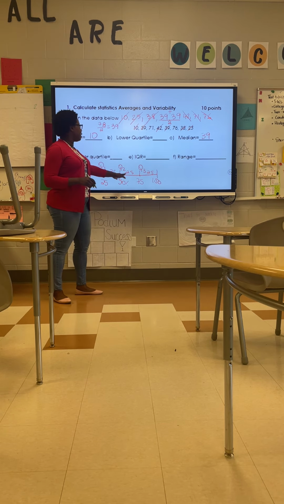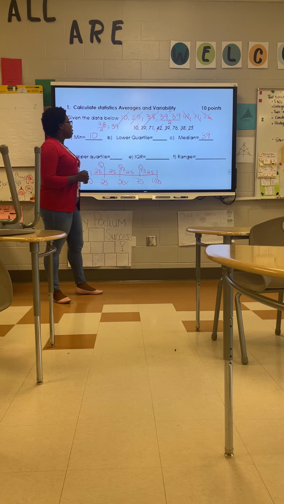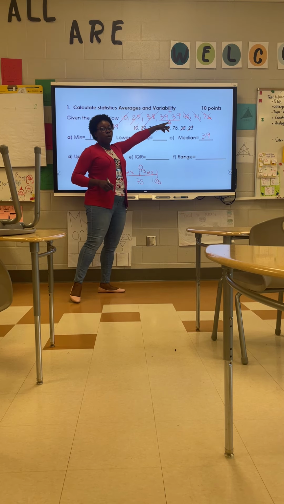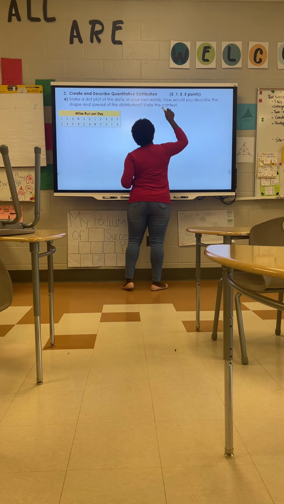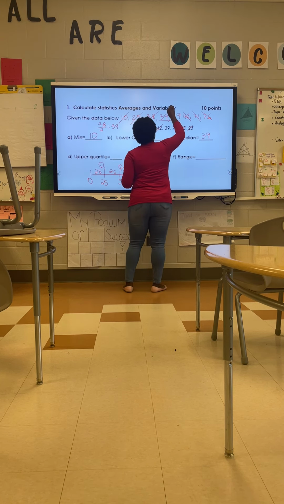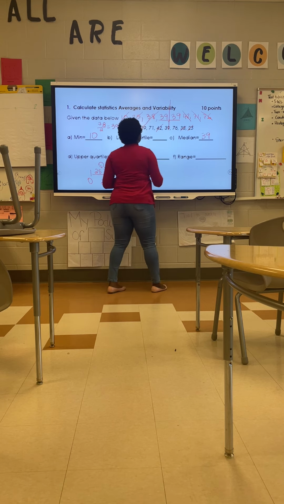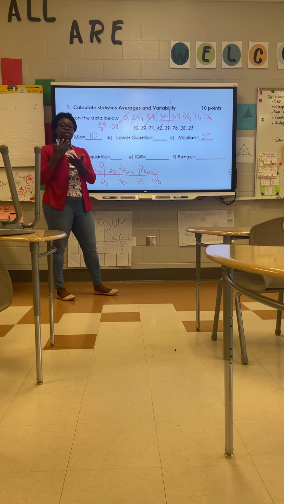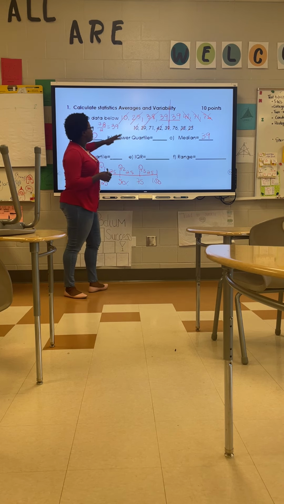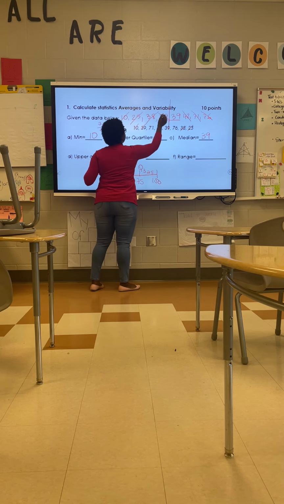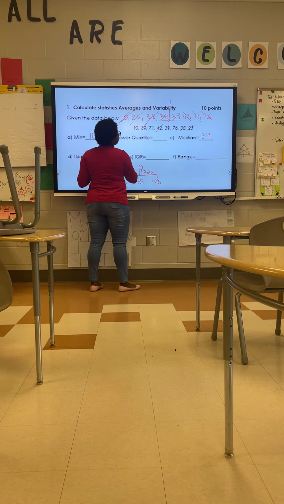Alright, so from here, I need my lower quartile. I already know what my median is. In this case, my median is 39. My board is moving. Since my median is not a face value, I'm going to be taking half of the lower half and finding the middle. So I'm going to cancel from here, cancel 39, cancel 10.